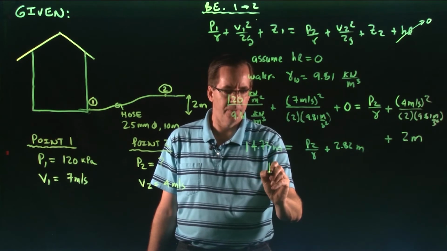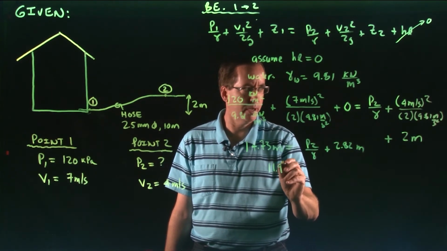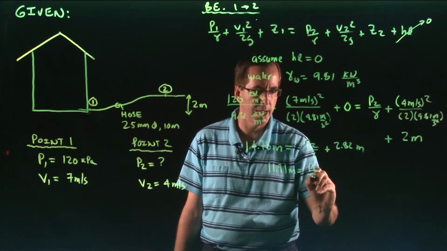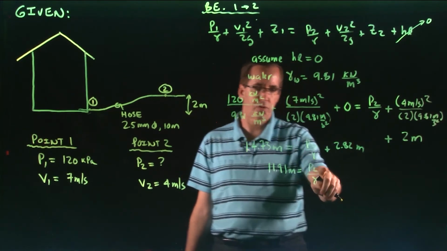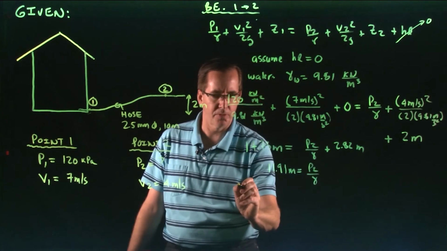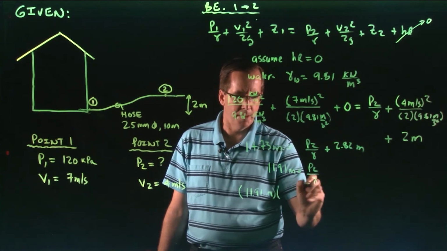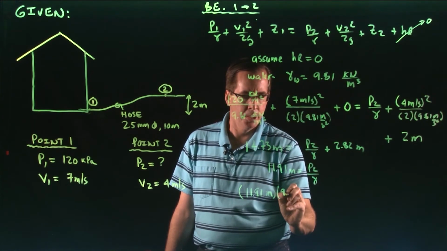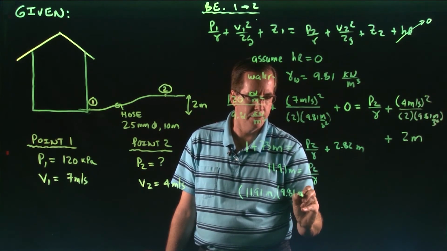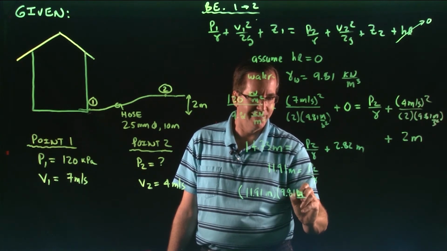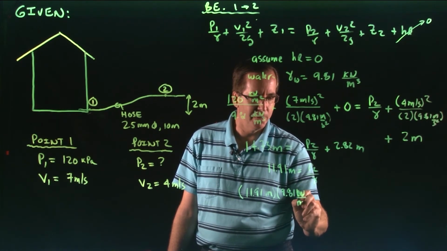Okay, when I simplify that a little more, I get 11.91 meters on the left-hand side is equal to P2 over gamma. And then what I'll do is I'll just solve for P2 by multiplying by gamma. So I'll have 11.91 meters times gamma, which was 9.81 kilonewtons per meter cubed. I'm sorry, kilonewtons, and again, I was getting ahead of myself.